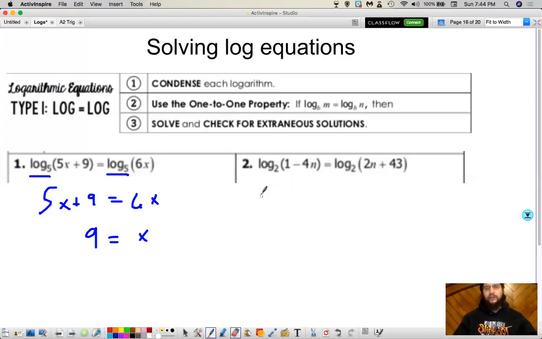Log base 2, set the inside parts equal. Negative 42 equals 6n.